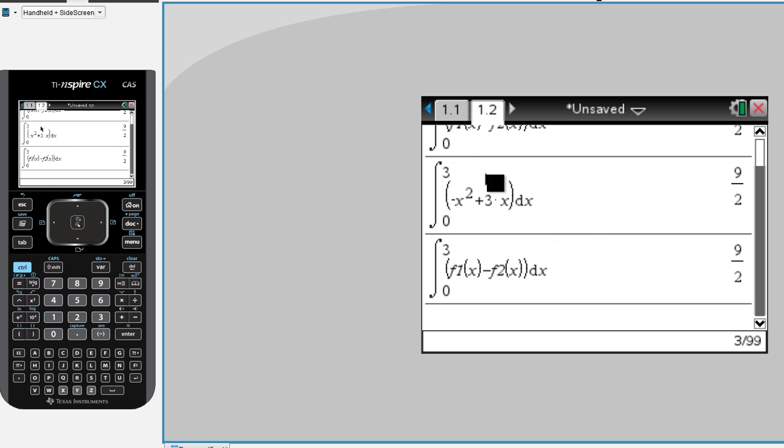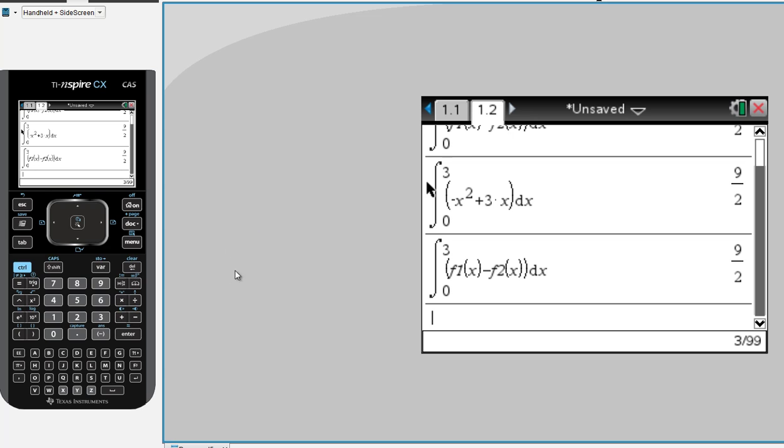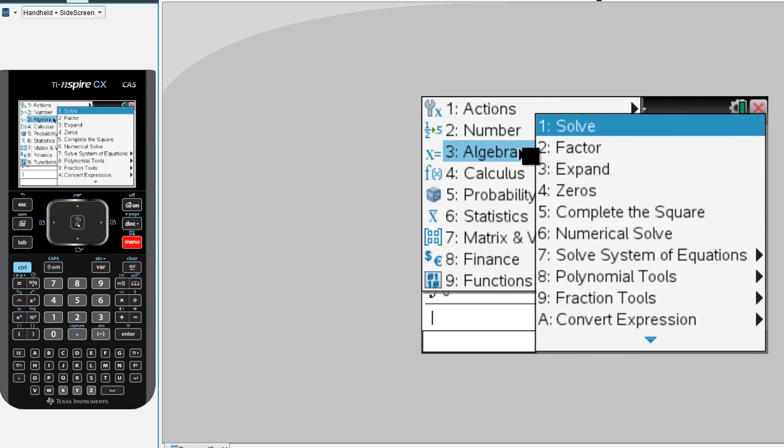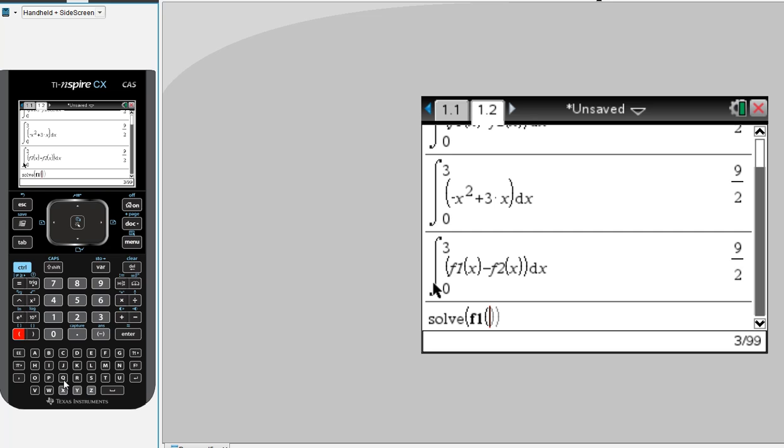Okay, so if you have an upper function, take that minus the lower function, and then to find out the limits you have to find out where they cross. Let's do it with the solve function. Let's see if we can do that. Algebra solve. When is f1 of x equal to f2 of x?